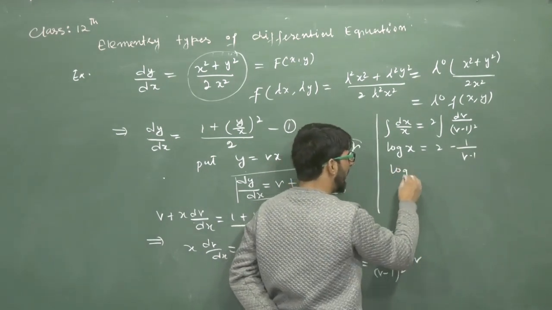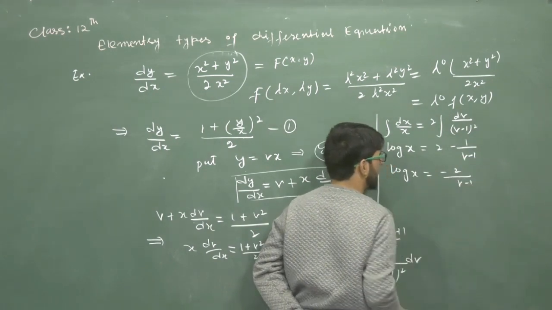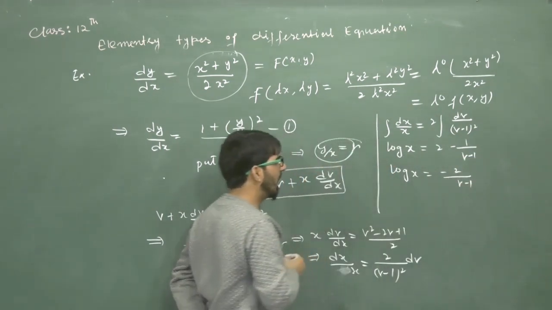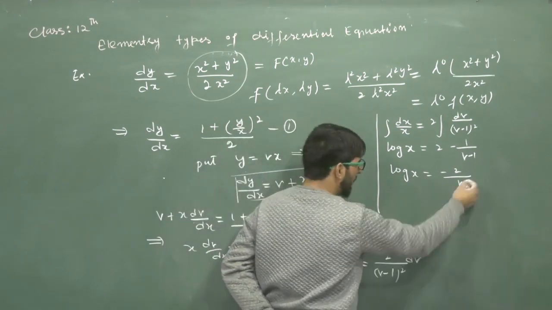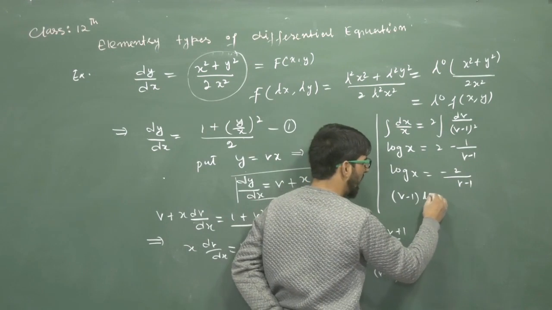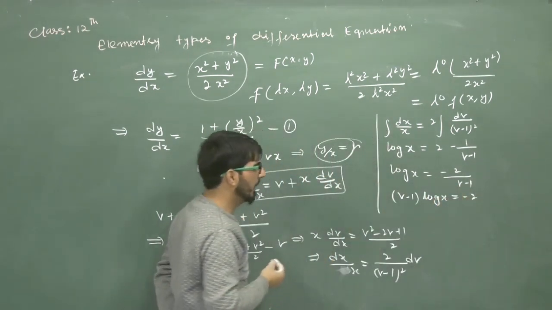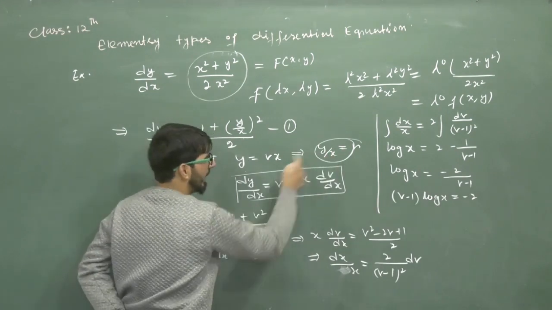So log of x will be minus 2 divided by (v minus 1). So replacing the value of v, we can say (v minus 1) times log of mod of x is equal to minus 2, replace v by y by x.